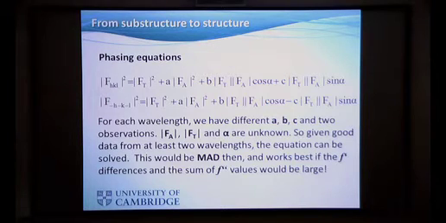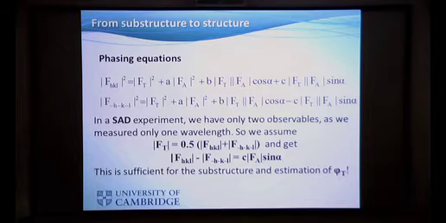So if we have measured two wavelengths, we'll have four observables for three parameters, and we can solve the problem mathematically. And this would work best if F prime and F double prime values were very large in our data set. And we call this then MAD, multiple wavelength anomalous diffraction.